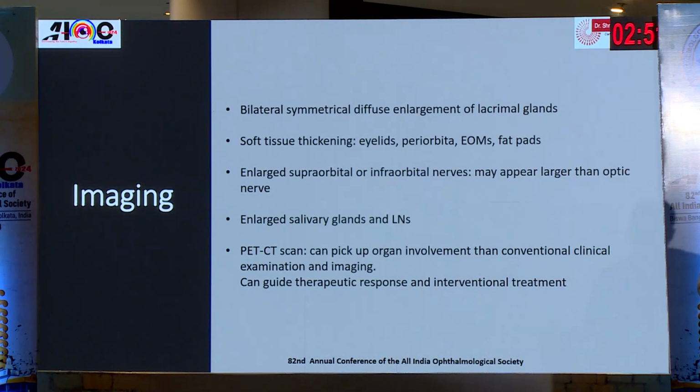Then PET CT scan is another important scan that can be done in this patient, because it can pick up involvement of all the other organs by showing high uptake of FDG, which might not be picked up by conventional clinical examination. So PET CT can actually guide us in maintaining therapy of the patient and if any intervention is required.